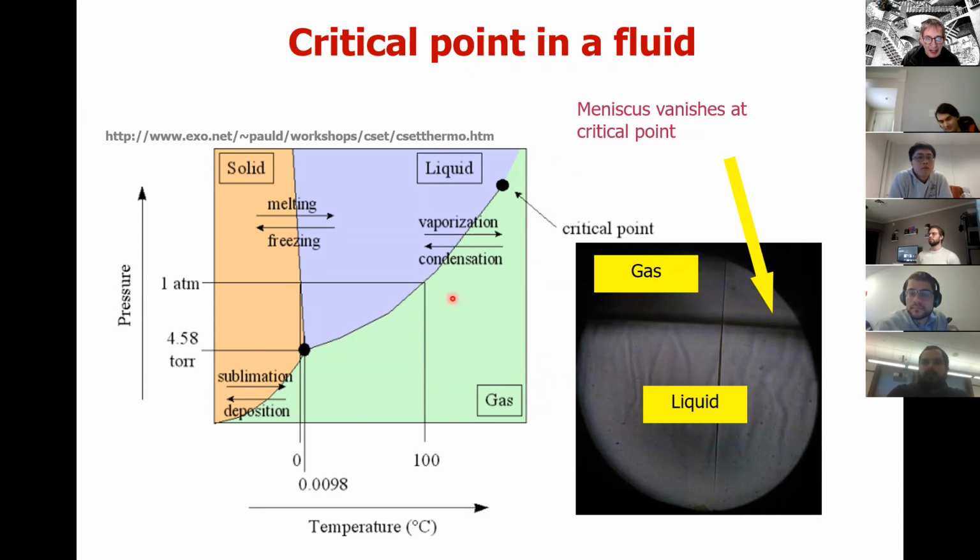If I take a liquid at some particular pressure, and then I heat it up, so I'm going along this line here as I've just drawn it, I would get to this point where there is liquid-gas coexistence, and that's what you can see over here.